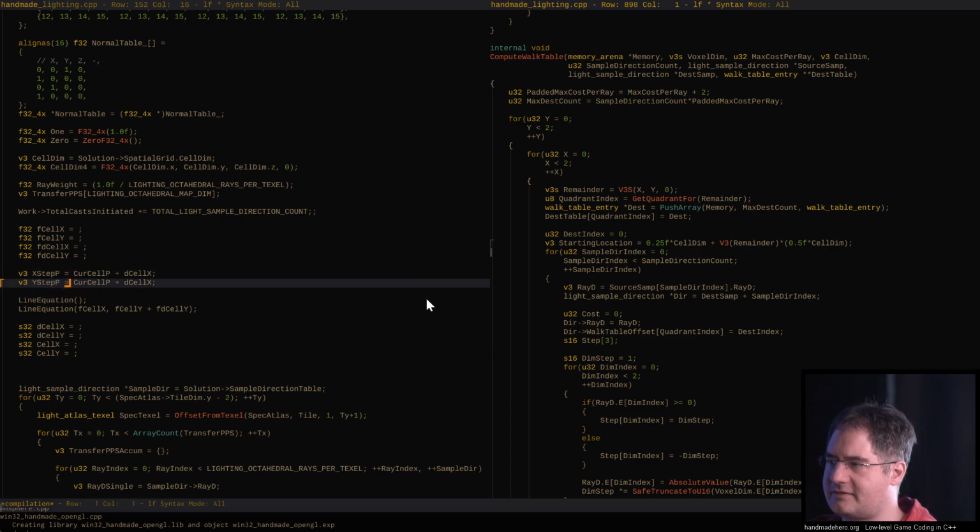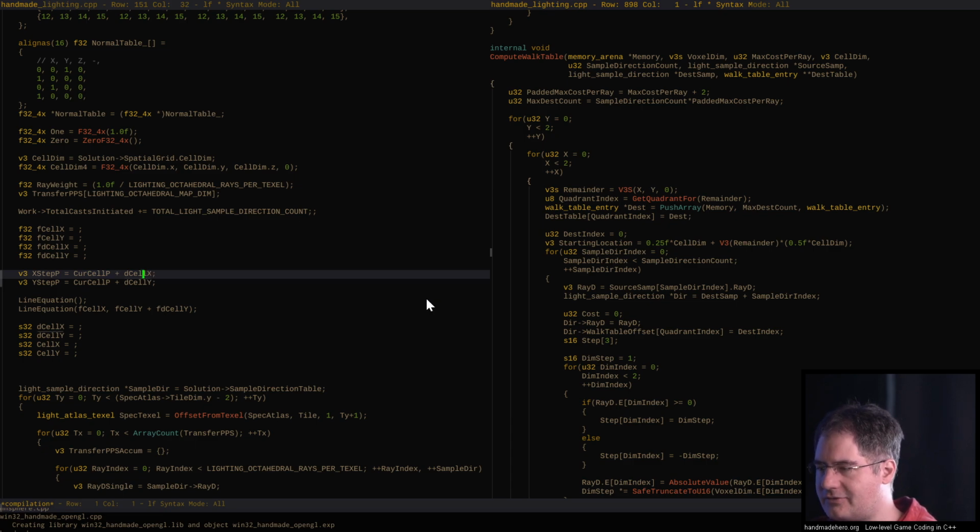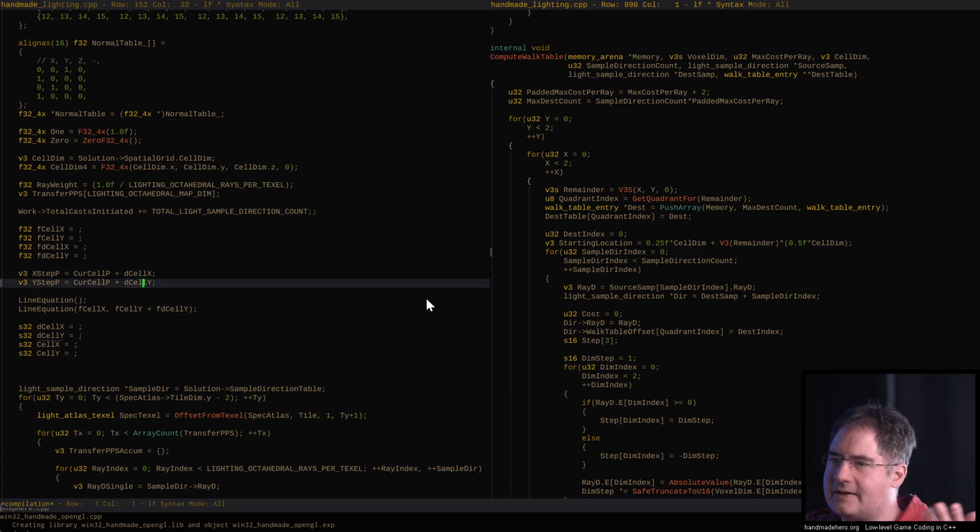The Y step P is going to be the same thing, but for Y. And we only have to consider one of these, because every ray will either be 1, -1, or 0 on each of these, right? It's stepping either one voxel in that axis, forwards, backwards, or none. But it can't do anything else, because every time you move one grid square, we never hop. There's no such thing as a ray that can hop across, right?